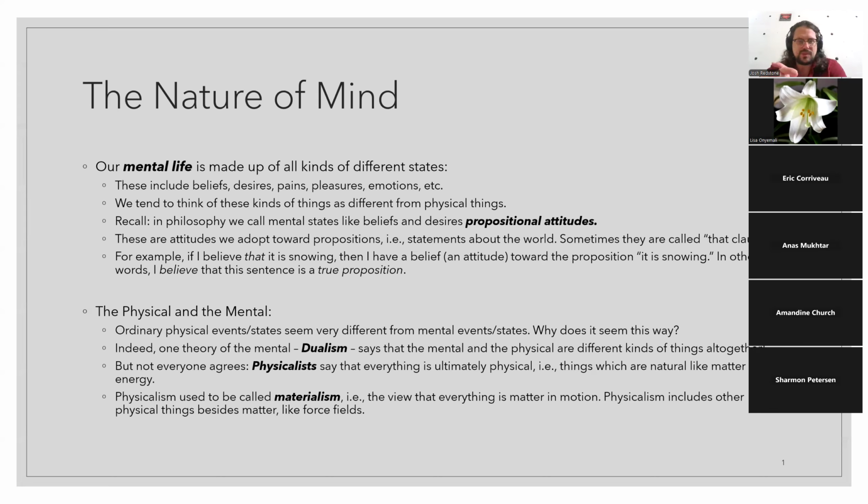Those are the propositions, and the attitude that I express toward them, it could be belief, desire, hope, fear, these are my propositional attitudes. That's one way we can understand mental states. And again, that seems like a really different sort of thing than physical stuff. So why does it seem like the mental and the physical are so different?